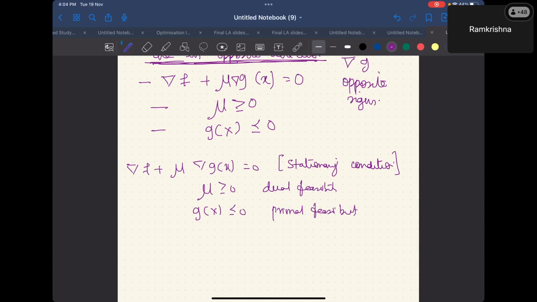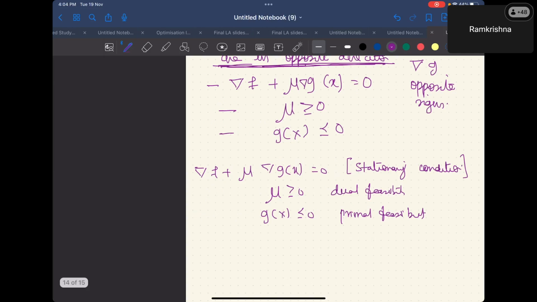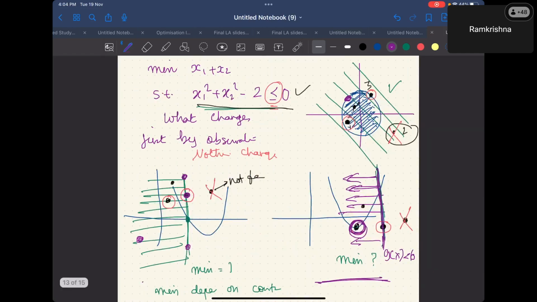Now, two things can happen, right? Both these conditions should be satisfied, whether my minimum is inside the constraint set or outside the constraint set. In the first case, I do not need to compute the gradient of g.